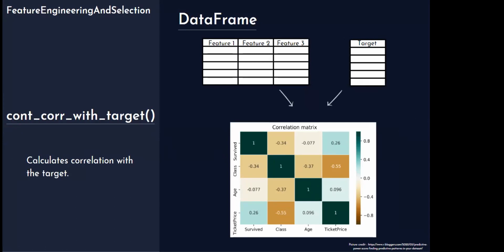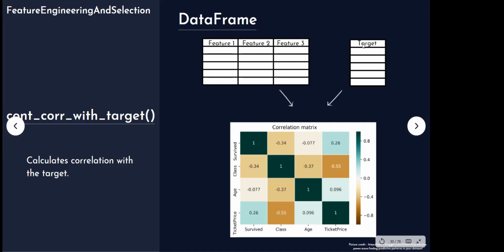What correlation are you computing? Continuous correlation with the target variable. And what method goes inside? Is it Pearson correlation or what kind of correlation? Yeah, it is Spearman correlation. What is your target variable here?